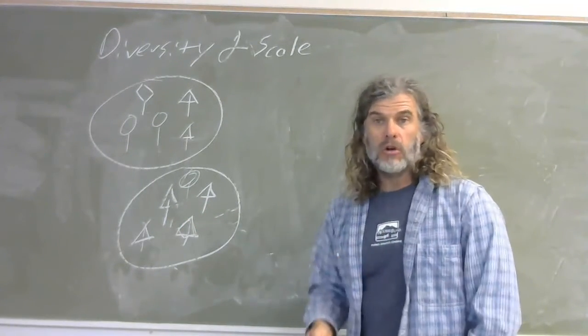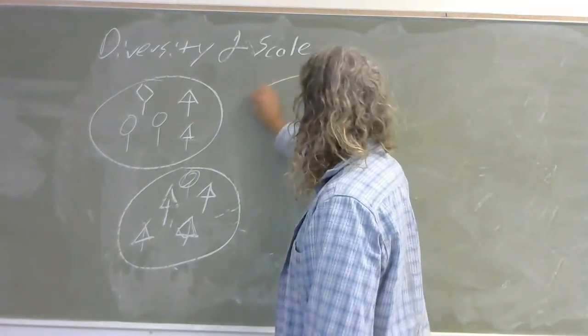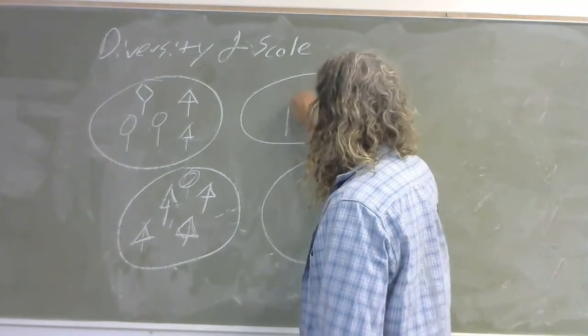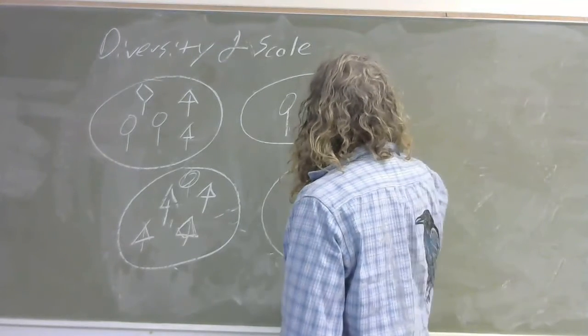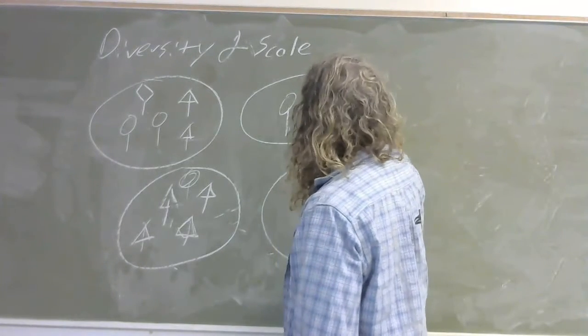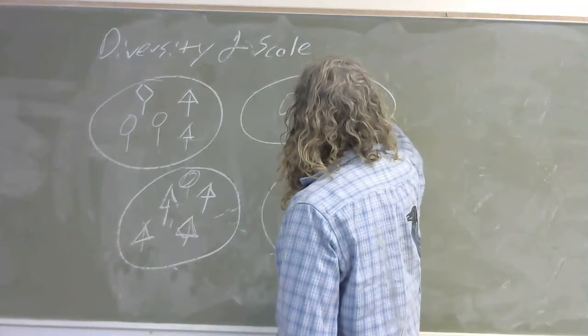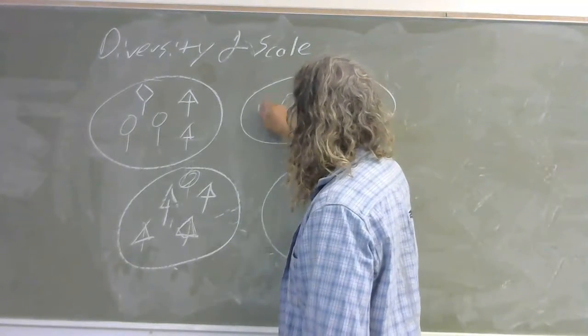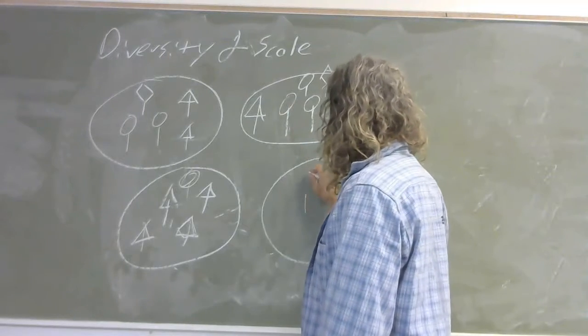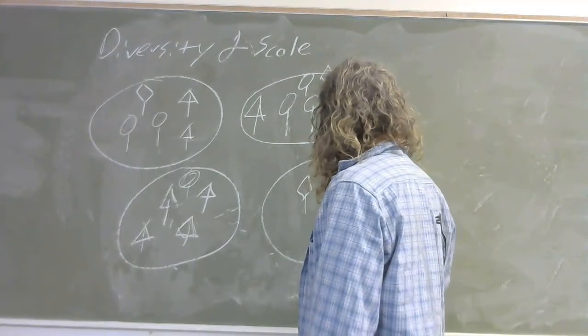Now, let's look more broadly within this landscape. Let's say we measure many different stands and we find that the composition tends to look pretty similar. You know, we got one diamond tree here. I don't know, maybe this one's a little bit more abundant. This one has more diamond trees.